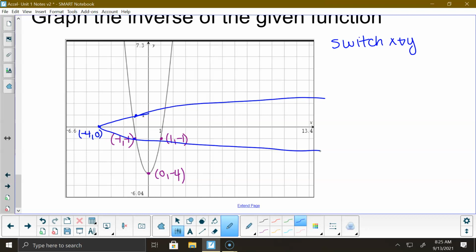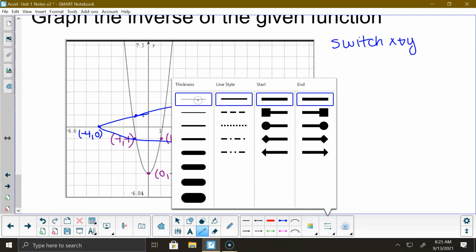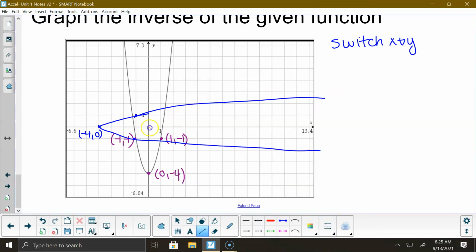Bueno? Heard someone say that they were super confused. Is it about switching the coordinates? So remember, your big thing when you're looking at a graph is you're trying to reflect over the line y equals x. So y equals x goes through the origin, and it goes up like this, and then goes down like this.